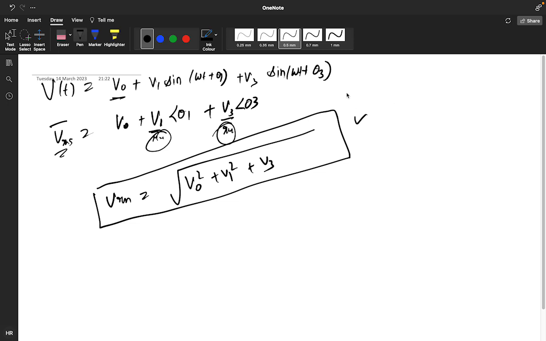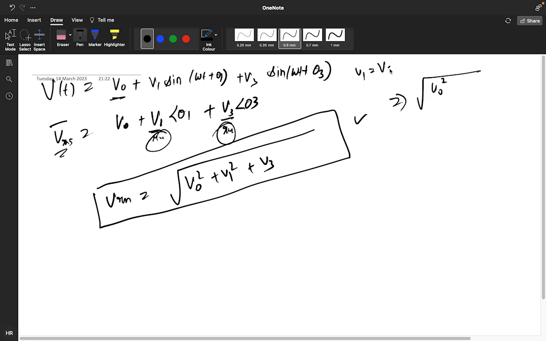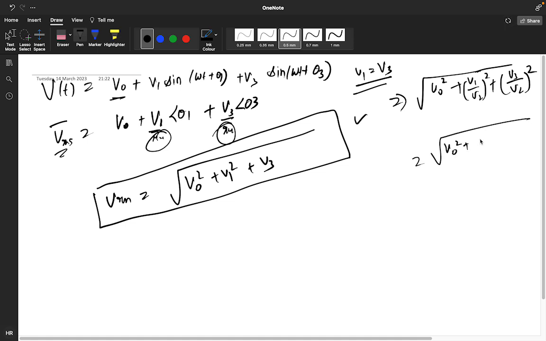So guys, what will be the result then? Root under V naught square, if V1 is equal to V3. So what will be the overall RMS? V naught square plus, what is the RMS value of this? V1 by root 2 whole square plus V3 by root 2 whole square, and here it is given V1 is equal to V3. Then V naught square plus V1 square by 2 plus V3 square by 2. So what value will you get?